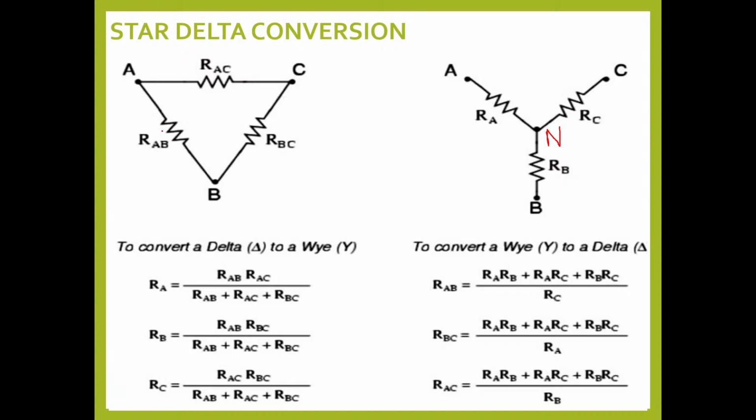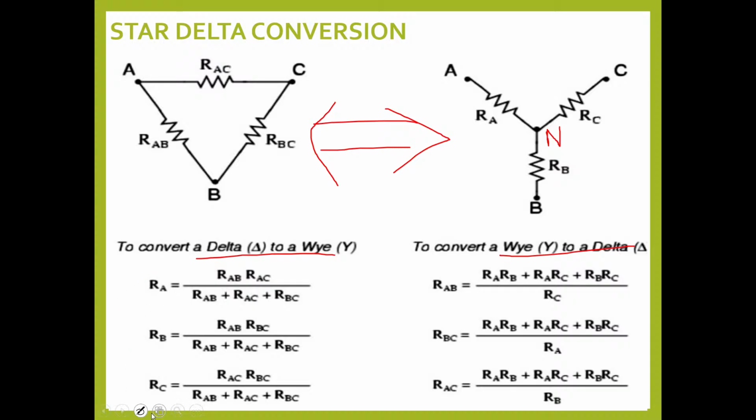If their front end and back ends are connected together, they form a delta connection. If one end of all the three resistors are connected to a common point, they are said to be connected in star form. Now I can convert either delta to star or star to delta. Means if resistors are connected in delta, you can convert them into star. If resistors are connected in star, you can convert them into delta form.